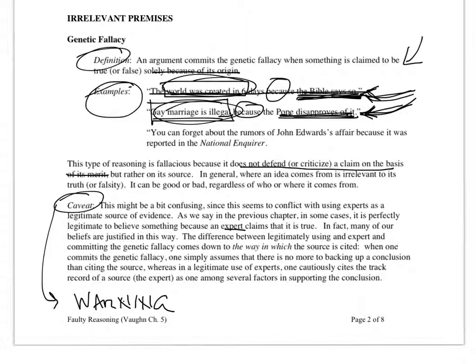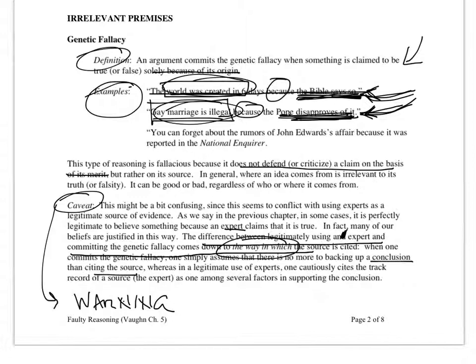So again, the caveat here is that sometimes you can cite a source to support a claim. The difference between legitimately using an expert, sorry, that's a typo, and committing the genetic fallacy comes down to the way the source is used. When you commit the genetic fallacy, you simply assume that there's nothing more to backing up the claim than just citing the source.